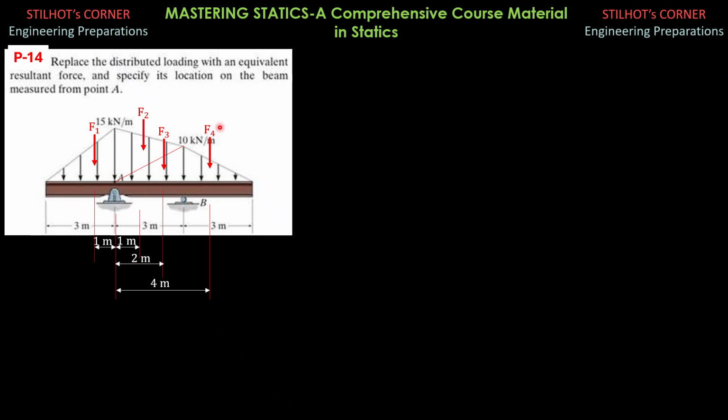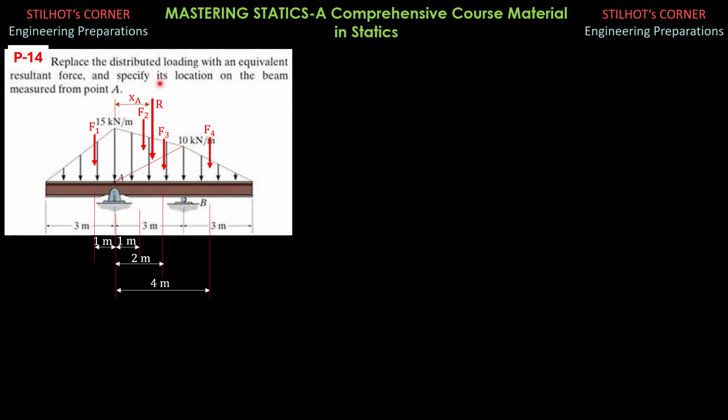And finally, for this last triangle, the distance 1/3 of 3 meters again is 1 meter from B, plus 3 meters. So the distance of its line of action from the vertical line through A is 4 meters. The resultant will be somewhere here, and we will call the distance of R from point A, the reference, as XA.